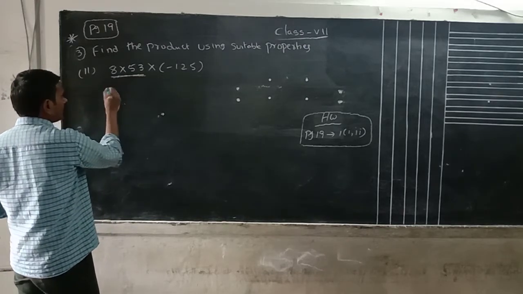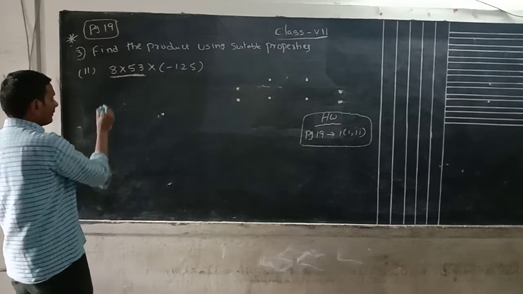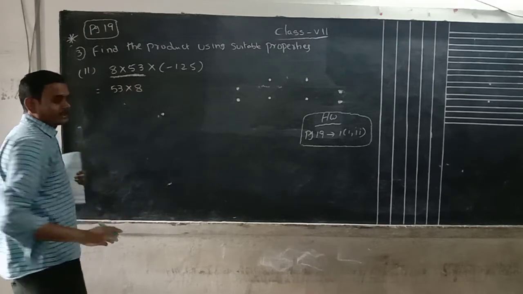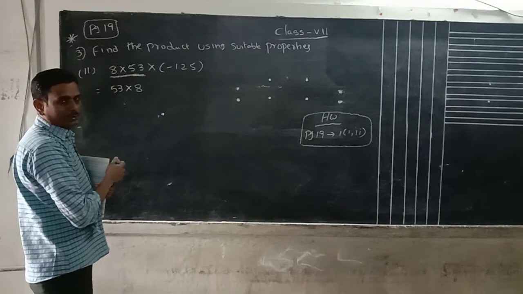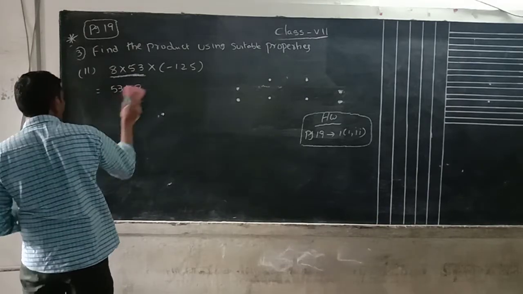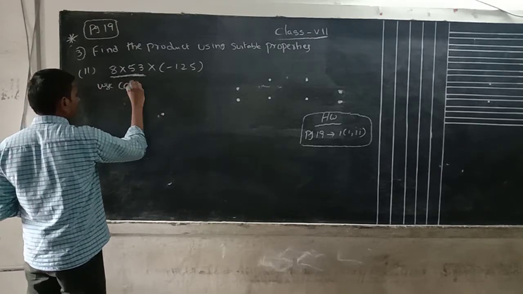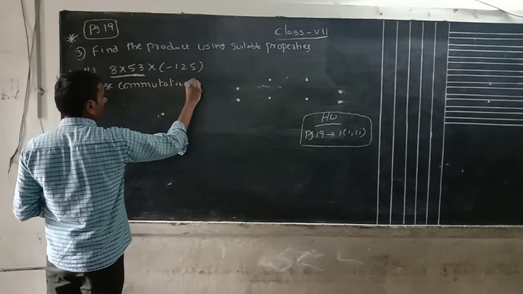By interchanging we can get 53 into 8. As per convenience we will do that. Interchange this, use the commutative property.